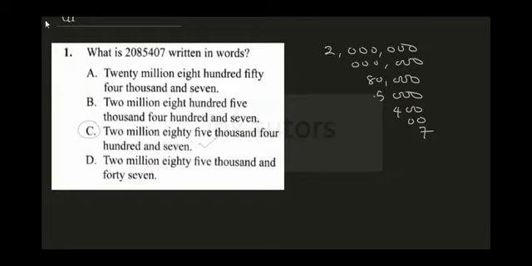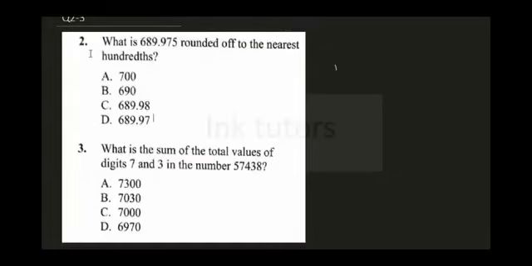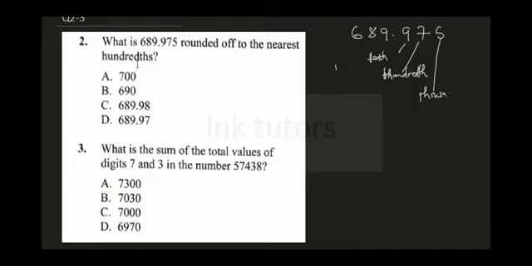2,085,407. Now the next question says, what is 689.975 rounded off to the nearest hundredth? Now if you write this 689.975, I want you to know that this is the tenth, this is the hundredth, and this is called the thousandth.